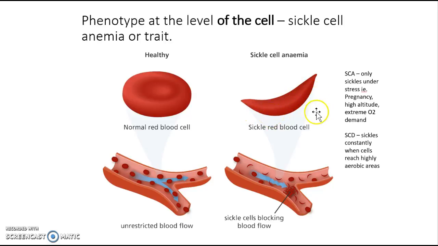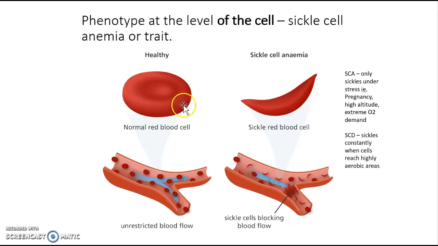And those sickled red blood cells, when they get into areas where they're trying to squeeze through little tiny capillaries, they clump and they block, and then you get edema or swelling in the affected areas, and you don't get oxygen transport. So you have a lot of really terrible cardiovascular issues.